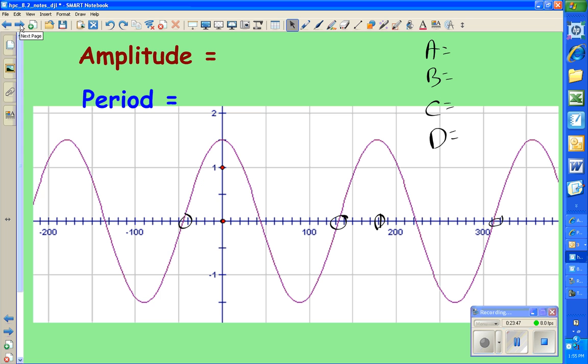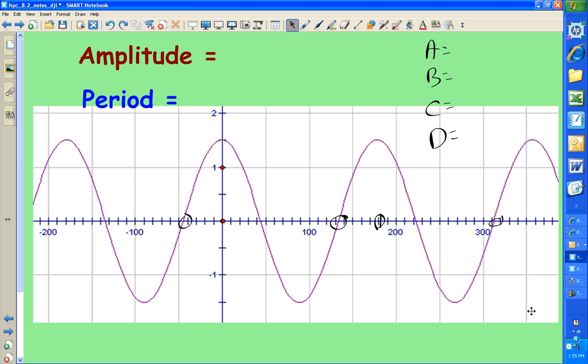This one's pretty easy also. The difference between this one and the last one is your period changes. Your amplitude's also different, but it could have been with an amplitude other than 1 on the last one. So we're going to have a little bit different setup on this. Now, again, sine, cosine does not matter.